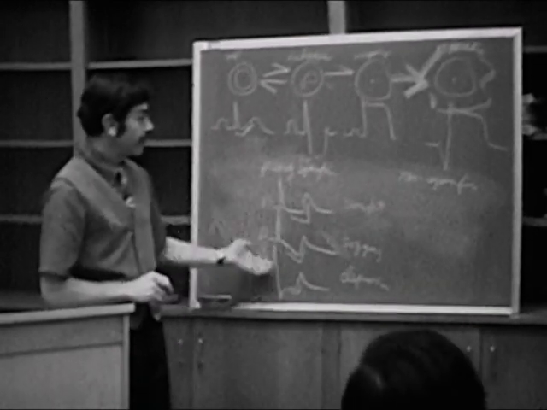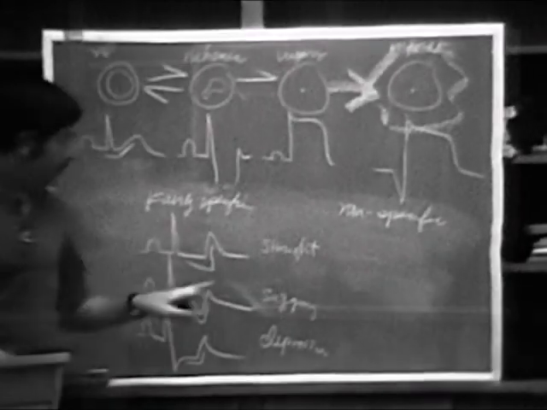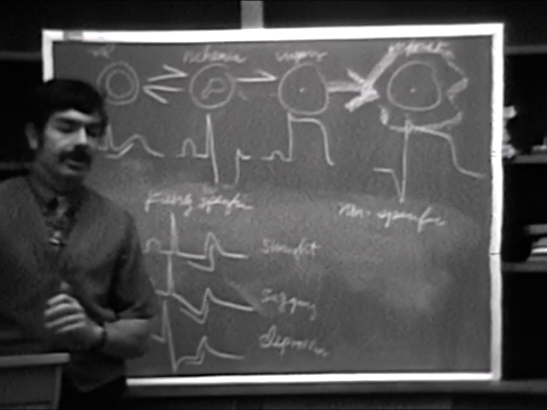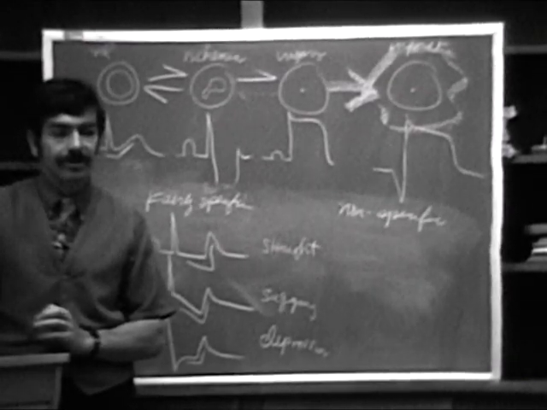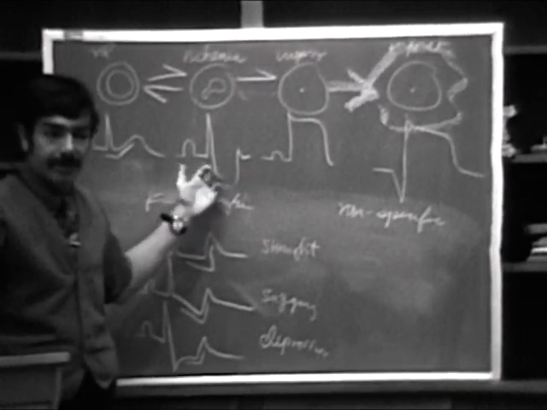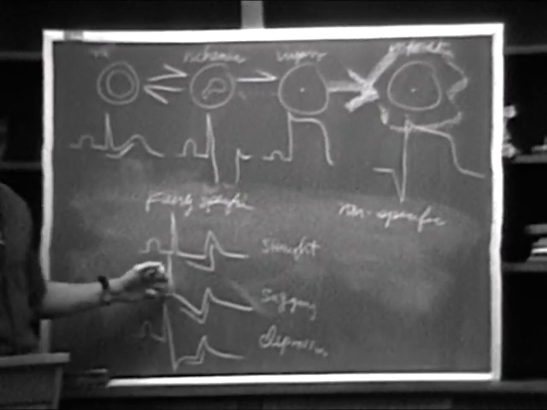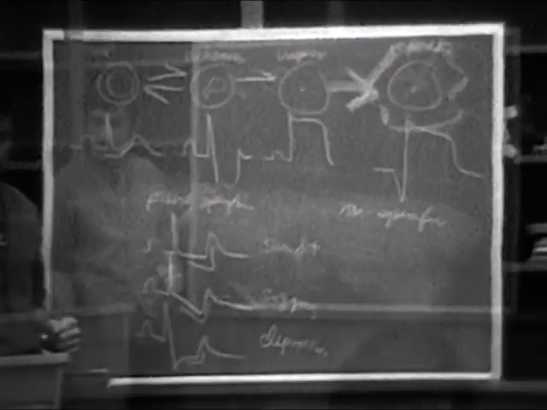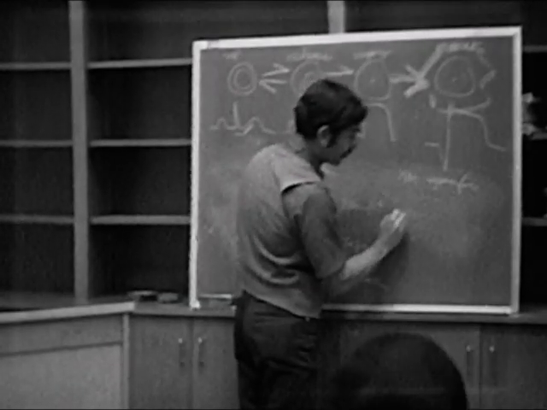Okay, now when we see these changes on the electrocardiogram, these are fairly specific, and we can say that these changes likely reflect ischemic heart disease. Of course, it doesn't tell you what type of ischemia we're dealing with, whether it be the absolute or the relative types we're talking about. But when you see these changes, they probably mean ischemia is taking place. On the other hand, these non-specific changes you just don't know.